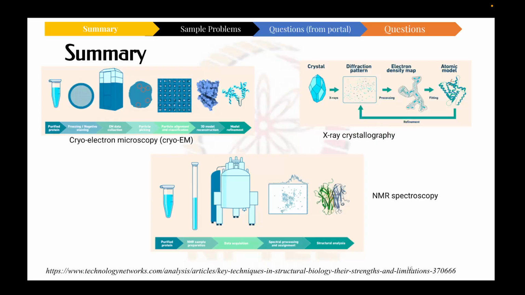The recent and now currently widely used method is cryo-EM. If you see the recent deposits on PDB, we observe many of them are from cryo-EM, as it has emerged as a versatile technique for visualizing the structures of macromolecular complexes including proteins.